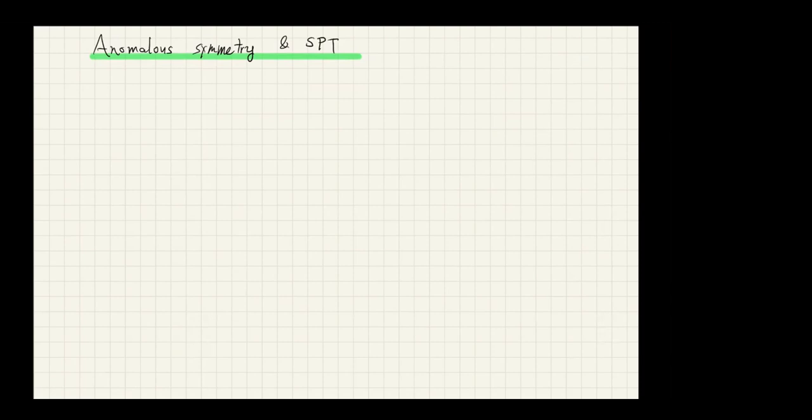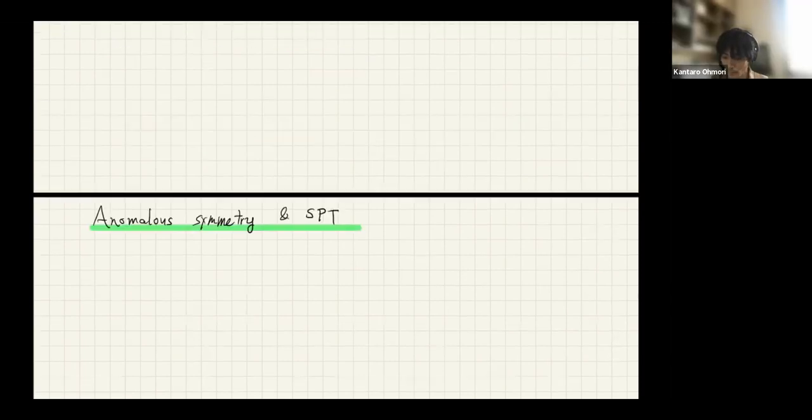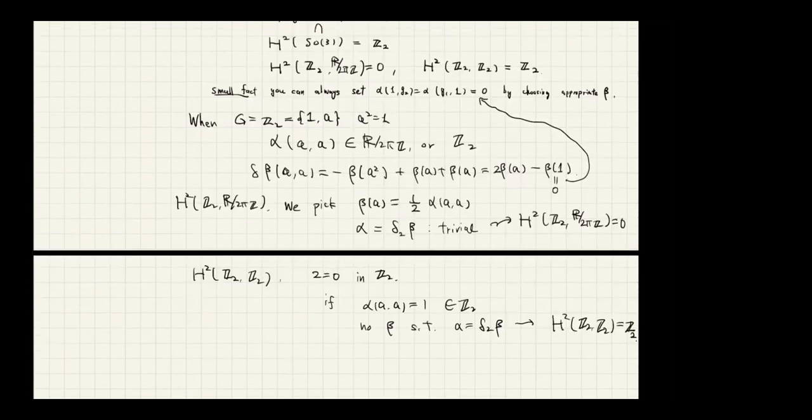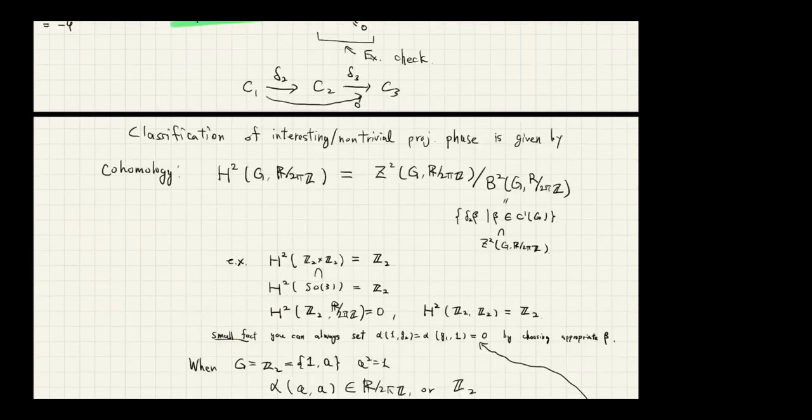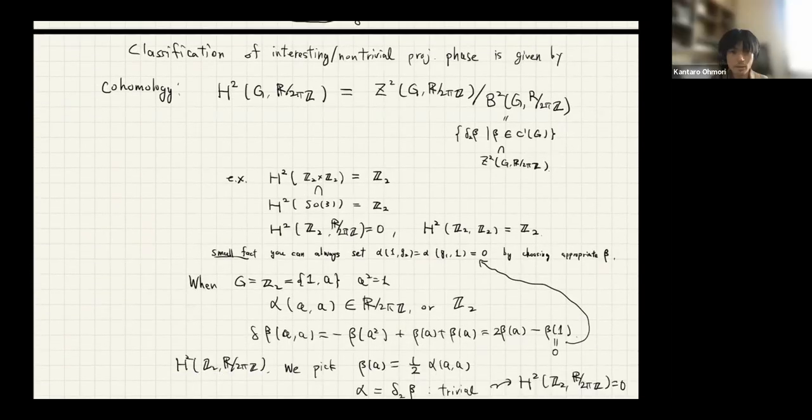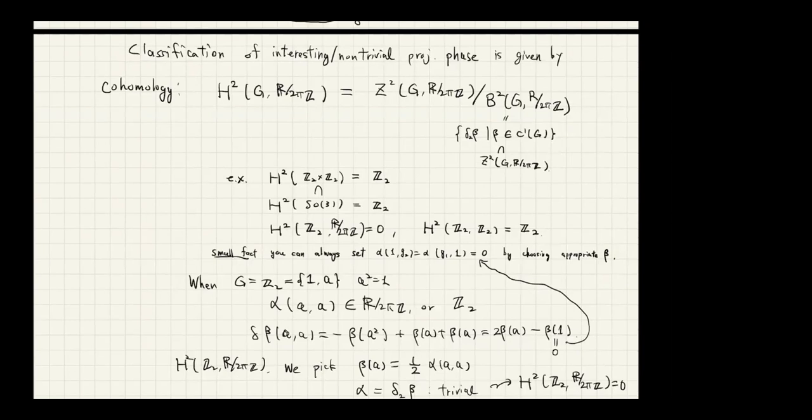One small question. Just going back to group cohomology. Suppose that your group G is a direct product of, say, G1, G2, or a quotient group G1 by G2. Then do you have some general theorem for such cases?